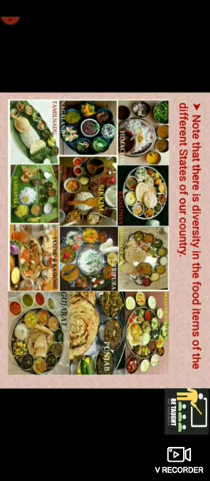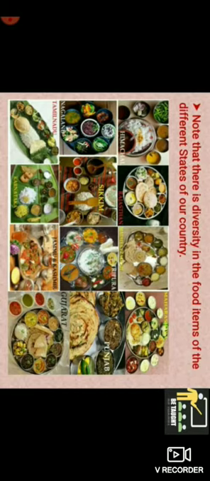Next, note that there is diversity in the food items of the different states of our country. In our country there are different states, like Maharashtra, Kerala, Sikkim, Jammu Kashmir. In the different states we can observe diversity, meaning differentiation, different varieties in the food items.